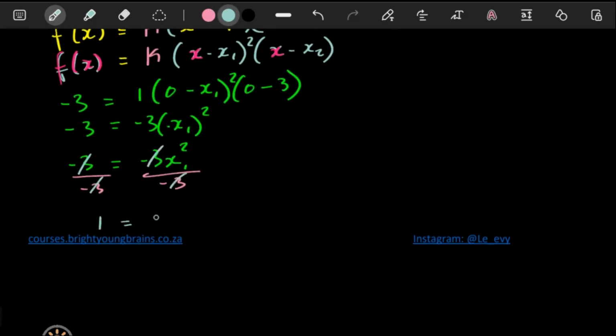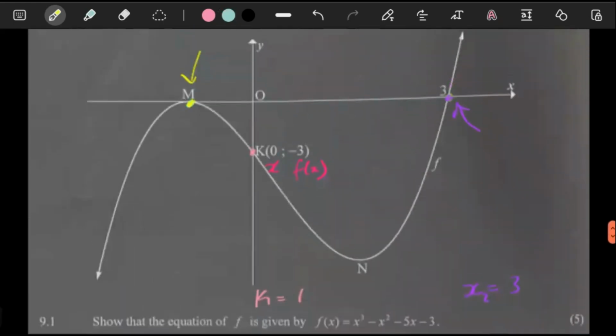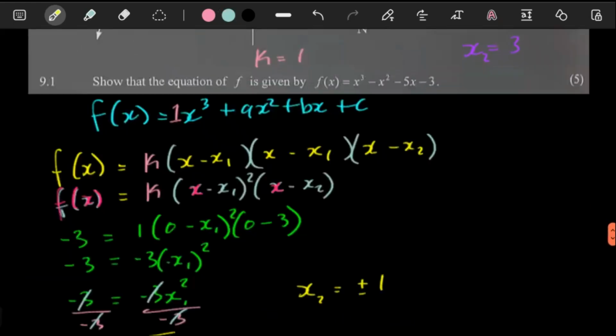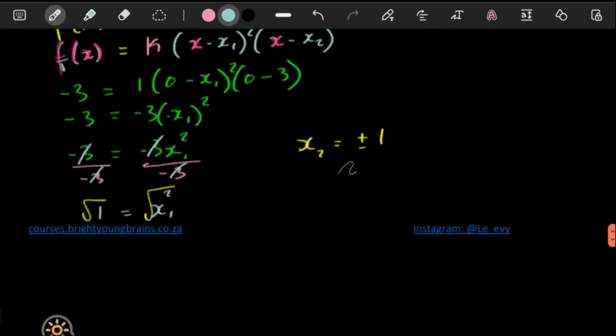This is equal to x squared. So you have to square root both sides. The value of this is either plus or minus 1. You can see it's on the left, so it's clearly a -1. So here you can say, therefore, that x value is a -1.